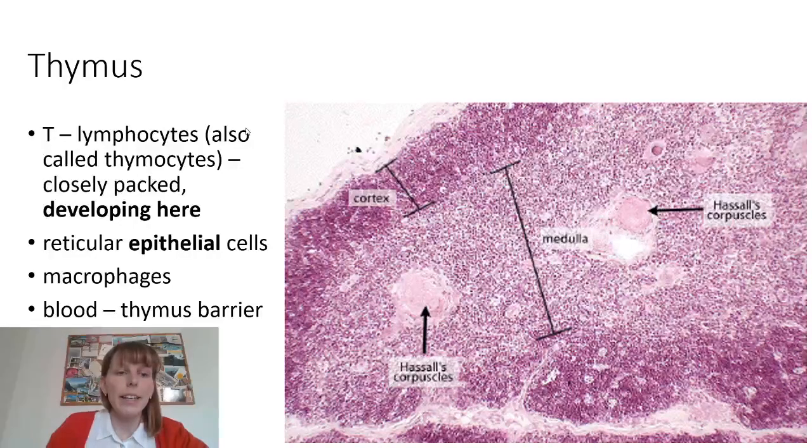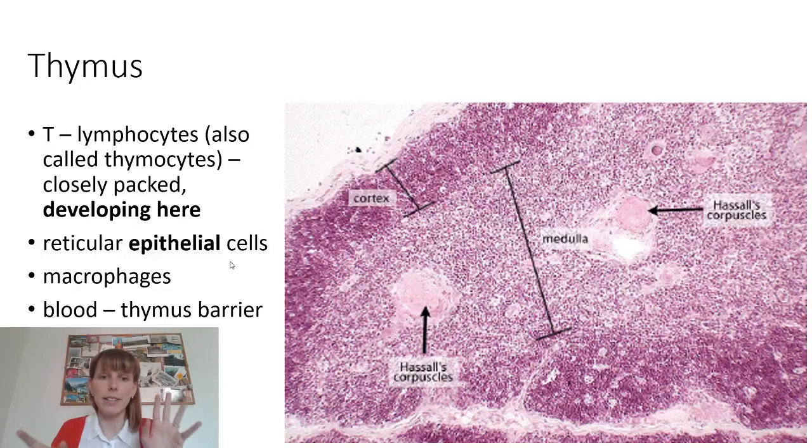And if we go more into the detail, in thymus we have T lymphocytes. They are also called thymocytes because they are in the thymus and they are developing here. They are also accompanied by some kind of mesh that's between them.